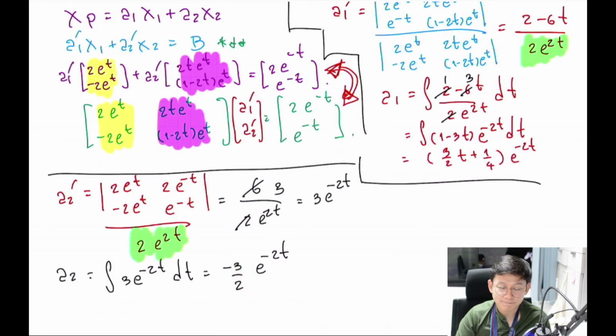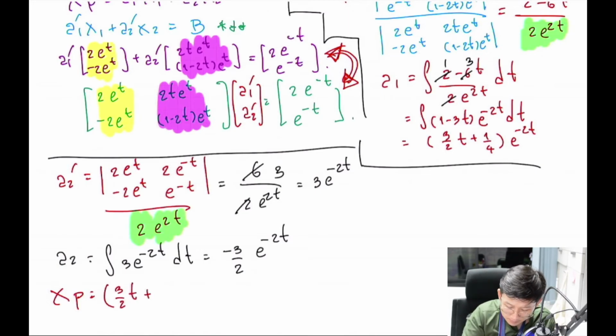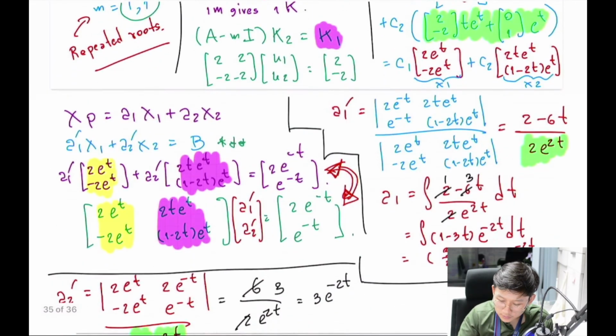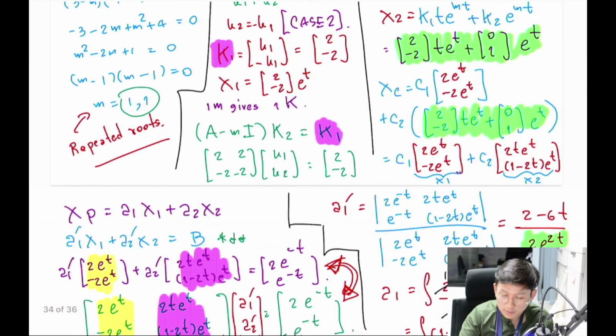Okay, so right now you know that your xp is a1 x1 plus a2 x2, where a1 is 3 half t plus 1/4 e to the minus 2t, and then x1, your x1 would be this guy, right? This is x1, right? xc is c1 x1 plus c2 x2, which reduces to this form.